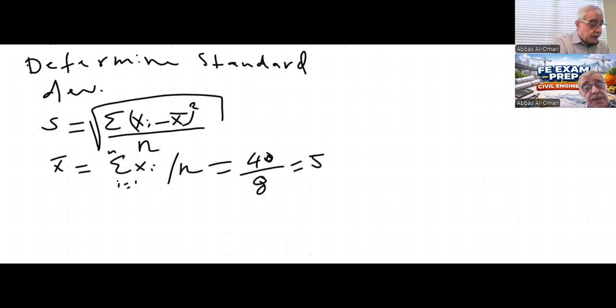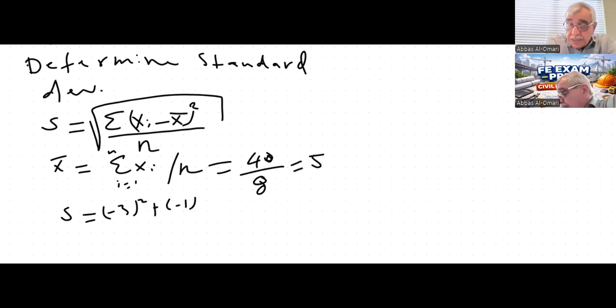So now we apply the rule, standard deviation. We have the first number, which is 2, minus 5, which is minus 3, squared, plus the second value, 4 minus 5, which is minus 1, squared. The third value is again 4, so we have again minus 1 squared, and the next value is again 4 minus 5, minus 1 squared.